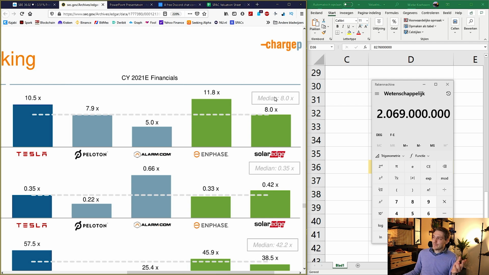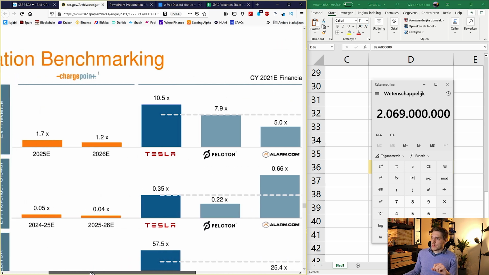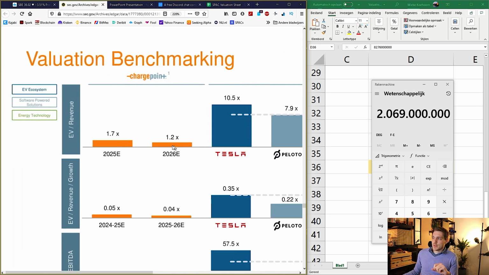So that is the median multiple, 8.0x. Very important. Now do notice, and this is also very important, that these multiples are for 2021. But ChargePoint says we're looking at 2026. So there's a discrepancy here. And that's why we need to go to a discounted enterprise valuation method in the next step, but don't worry about that just now.